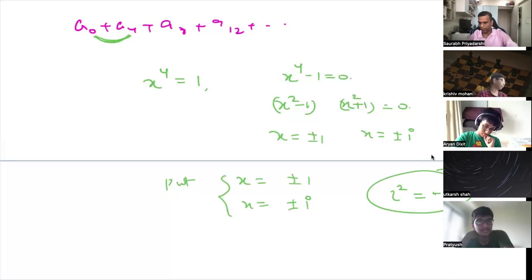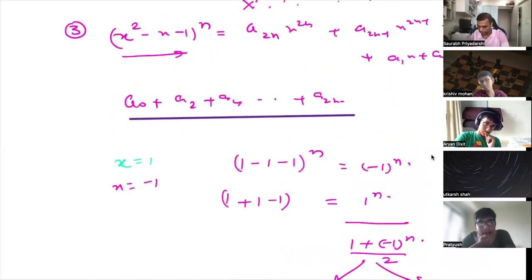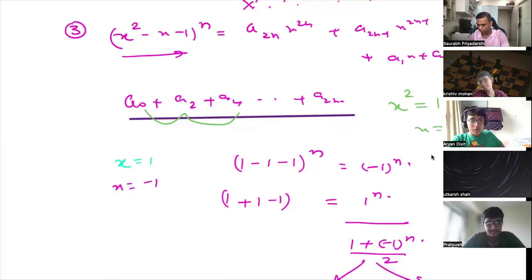Every time, like the previous question, this is a0, a2, a4. So the difference is 2, so x square equal to 1, so x is equal to plus minus 1. That's the reason we put that. This will work for each and every question.